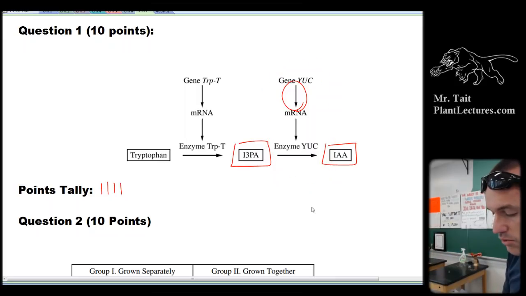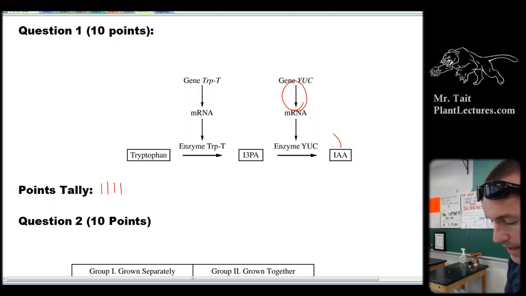Generally speaking, we're going to have IAA come back and inhibit enzyme YUK, right? So if IAA inhibits enzyme YUK through some sort of feedback mechanism, negative feedback, allosteric inhibition, that would probably be the best answer for that. So that was how many points? Explain, so that's 2 points for explaining there.